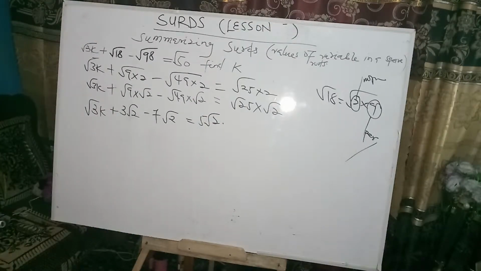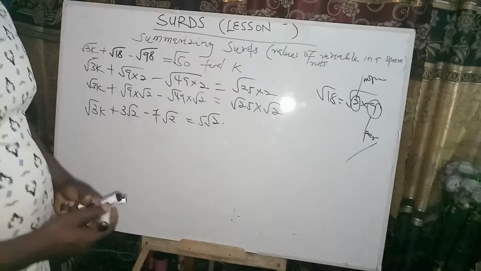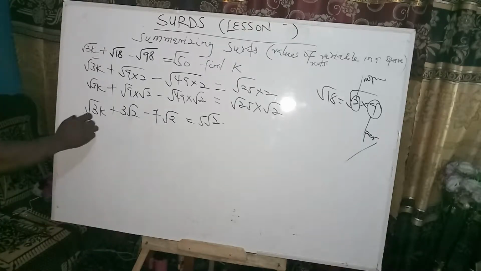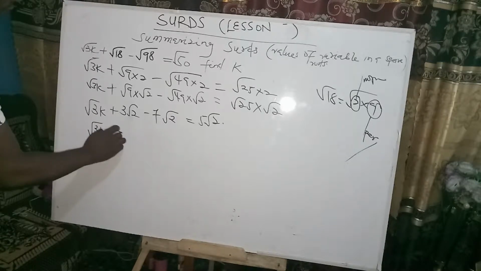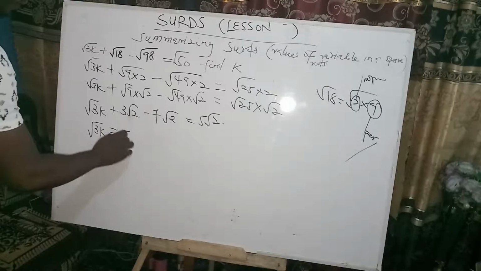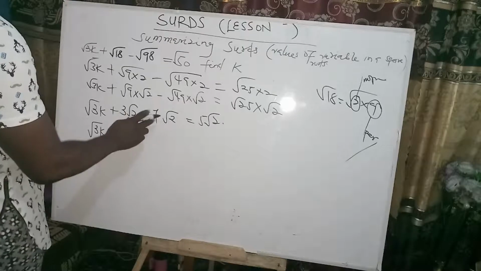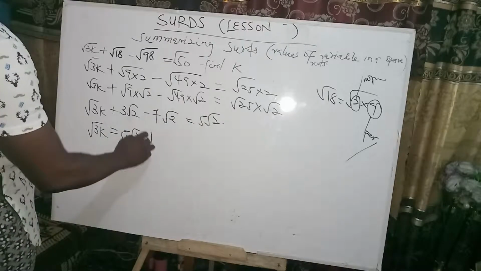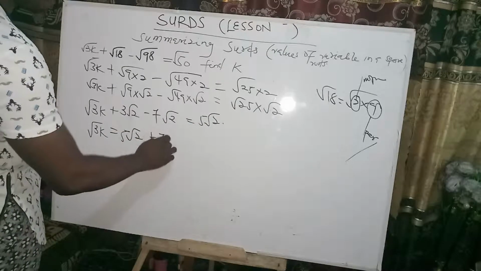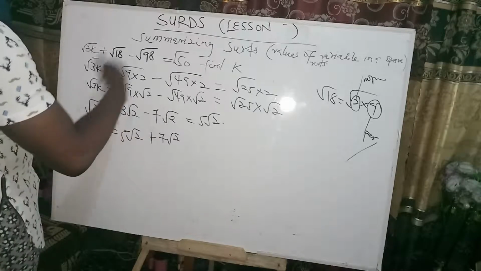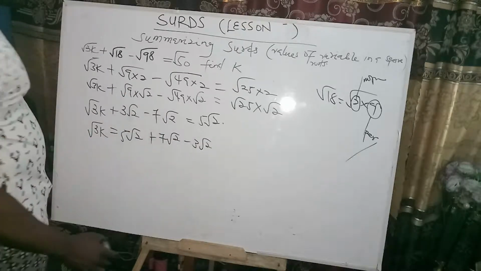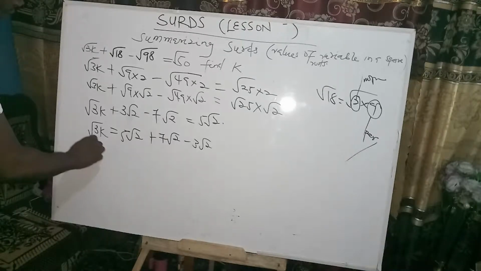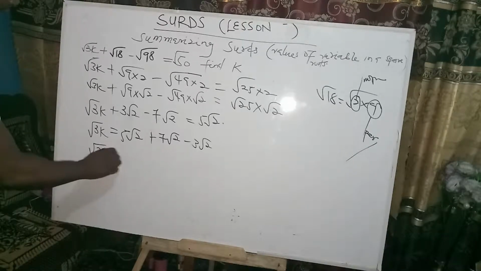At this stage, I need to group like terms. So I maintain my root of 3k on one side, equals 5 root 2. When the minus 7 root 2 moves across, it becomes positive, so plus 7 root 2. When the plus 3 root 2 moves across, it becomes negative, minus 3 root 2.